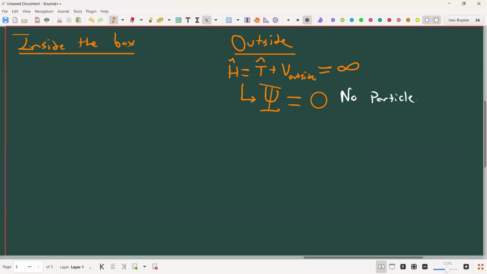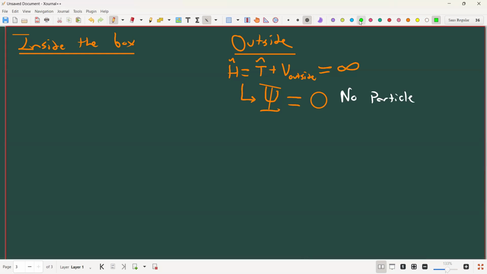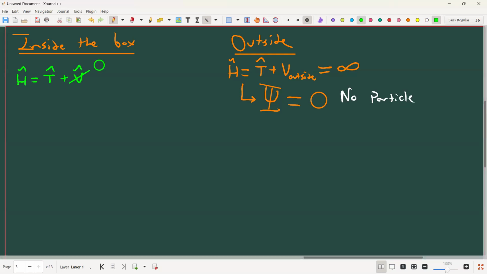Okay, so we've already solved half the problem. Outside of the box, the wave function is zero, which means there's no particle there. Easy enough. So what about inside the box? Well, inside the box, our potential energy is zero, so we can just get rid of it. So now we have H equal to T plus V, but V is zero inside the box.